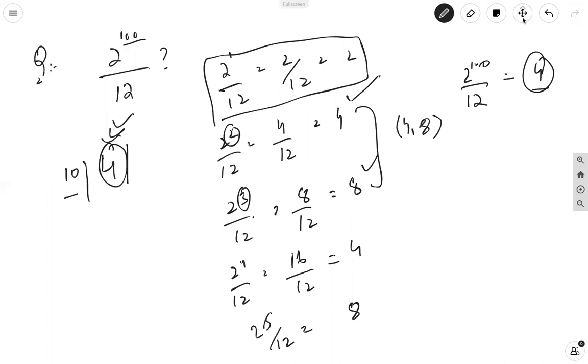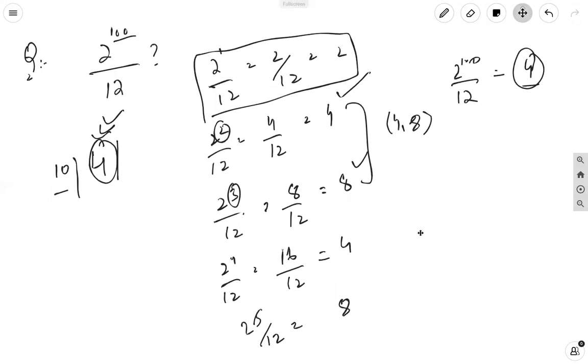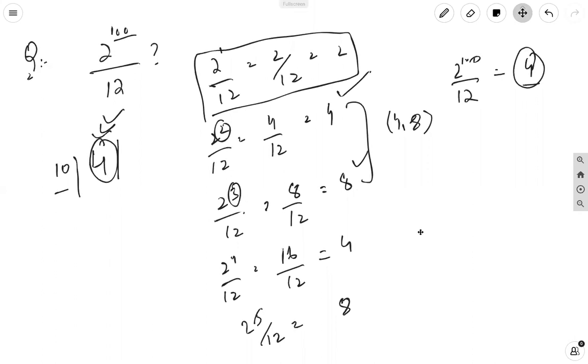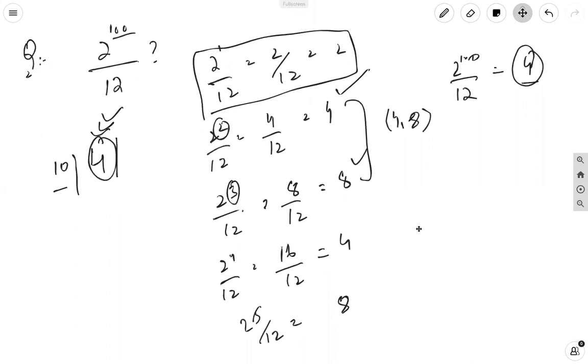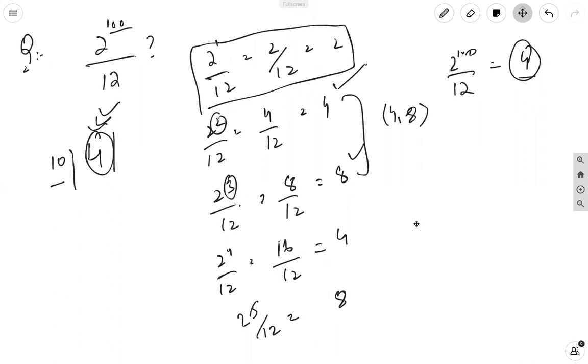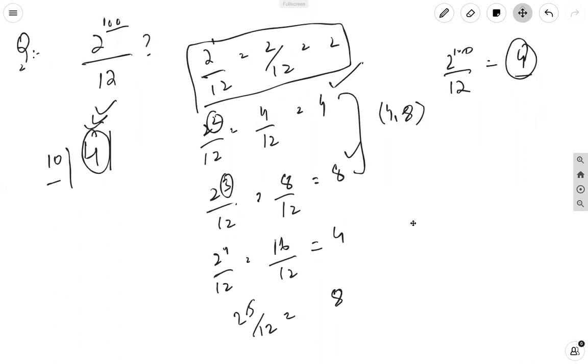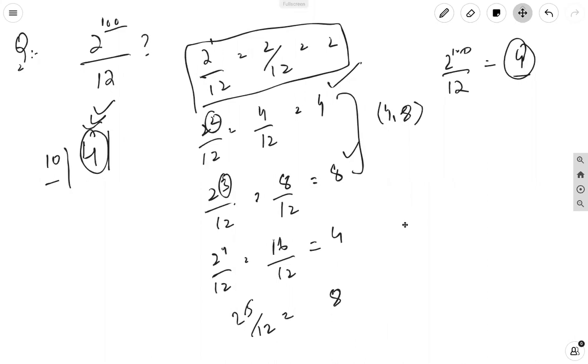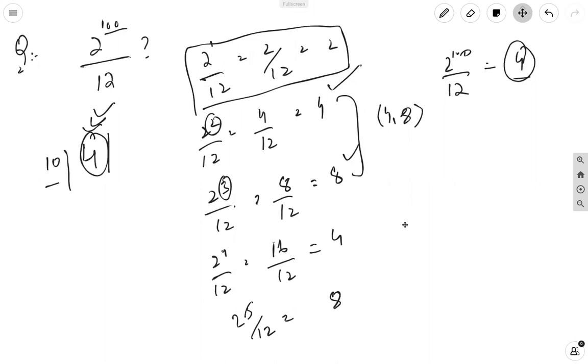Did everyone get this? Shall I move to the other method? I mean, in this question, 2 raised to 100, you have used 2 raised to 2 by 12, right? Till 2 raised to 5 by 12, the remainder is 8.